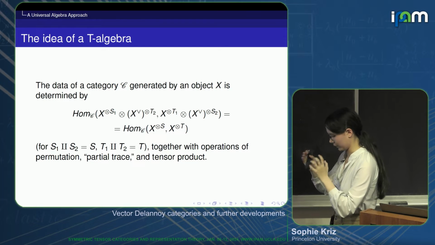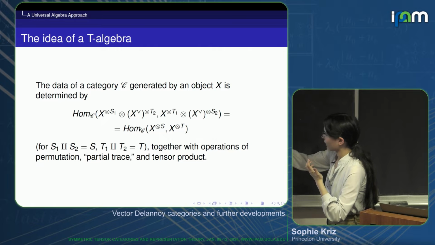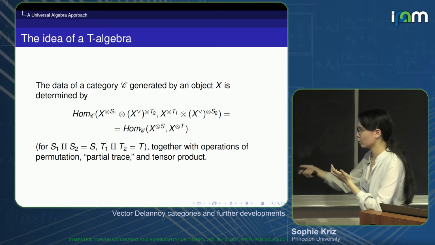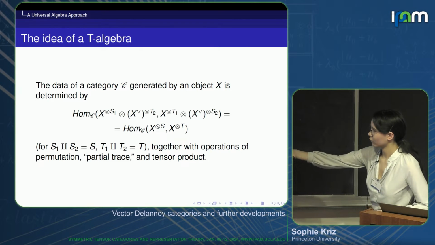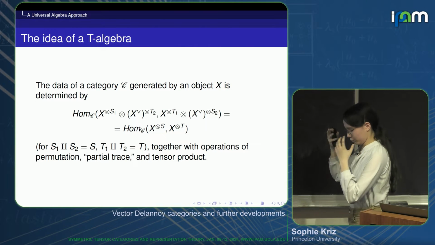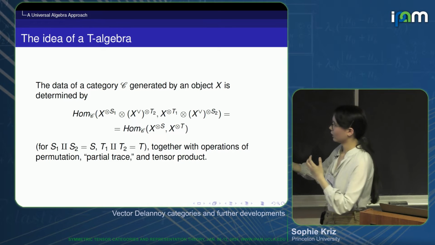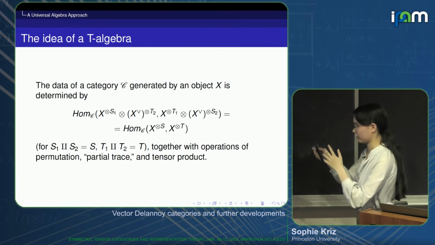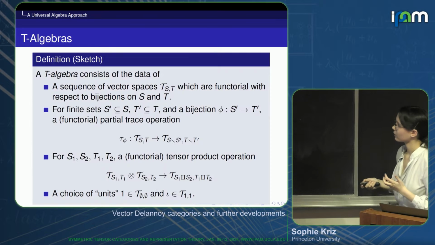If this category is generated by an object X, it's determined by these Hom spaces between tensor products of X and its dual, which are identified with Hom spaces from X tensor to the subset S to X tensor to the subset T, together with some operations of permutation on this S and T, with some partial trace, which allows us to move this X dual to different sides, and tensor product of morphisms.